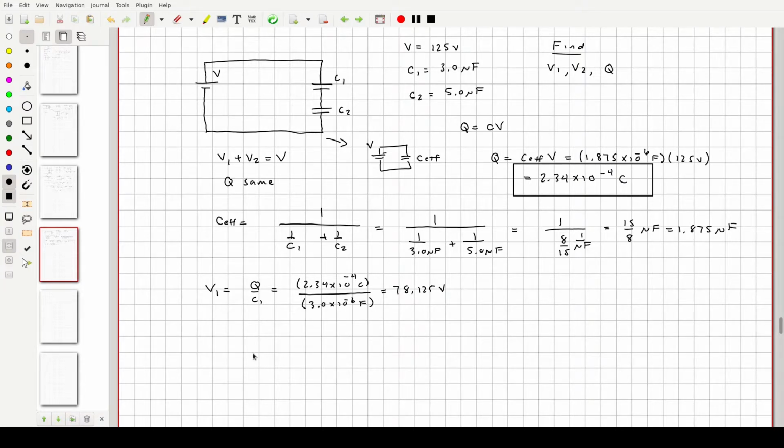Okay. Now, V2 is going to be Q over C2. Same Q. C2 is 5.0 times 10 to the minus 6 farads. So let's see what you get here. 46.875 volts.